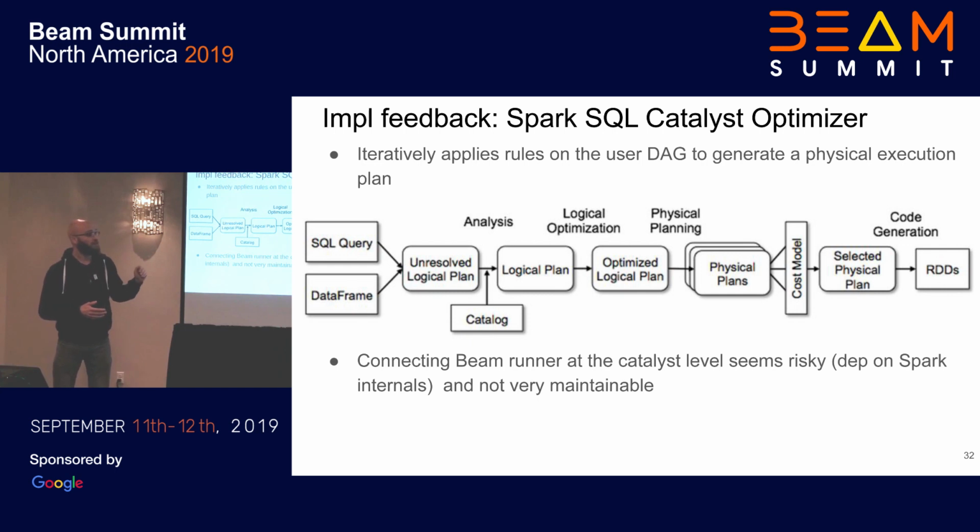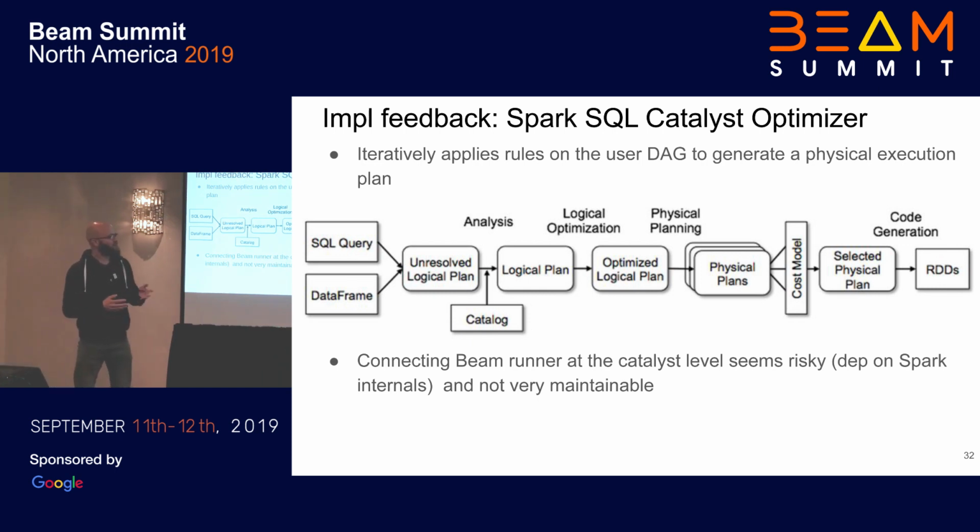So shall we connect, let's say, at the unresolved logical plan level? Because if we cannot support windowing and watermark, then maybe there's no point using the DataFrame API then.